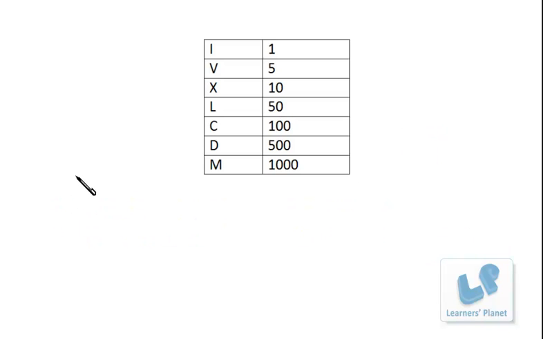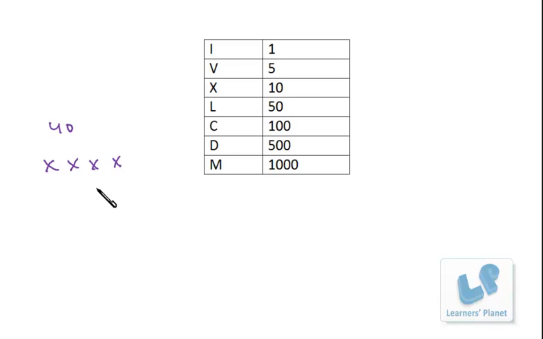Kids, I hope you have learned how to write the numbers from 1 to 30 in the Roman number system. Now let's write the numbers from 41 to 50 in Roman numbers. Okay, now what is 40? It's 4 times 10. But we cannot repeat X more than 3 times. So we cannot write XXXX. So what we do is we will deduct 10 from 50.